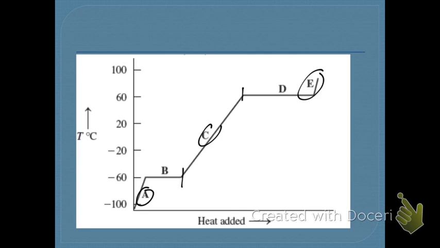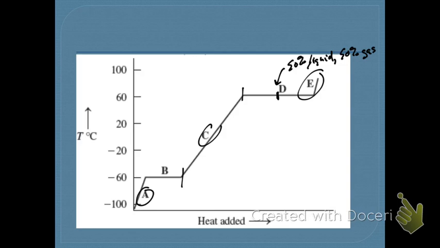Where would you consider to be, if you had a mark on this graph, exactly 50% gas and 50% liquid? And you would say right around here, whatever the halfway mark is here. Why? Because at this particular point, you're evaporating, and so right in the middle, you would expect to be 50-50 liquid and gas.